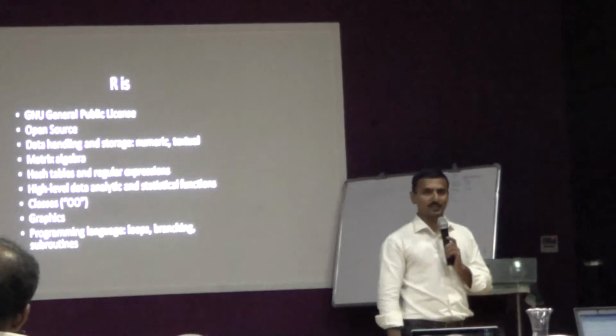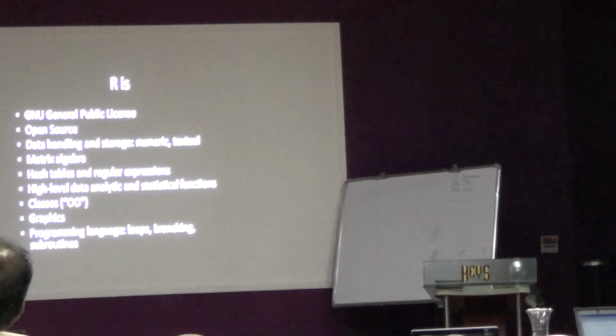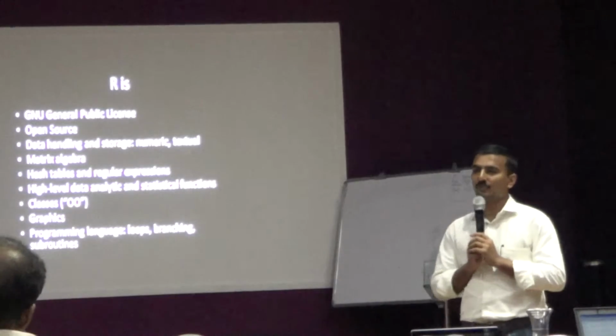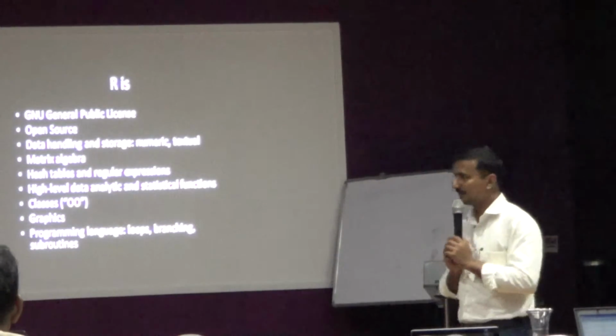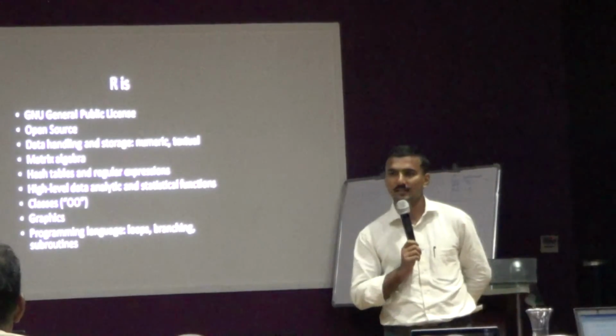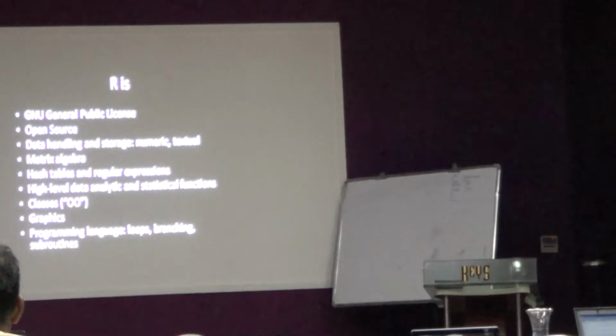And this is a GNU General Public License language, and it's an open source language, and it has a capability for data analysis and processing, and it uses matrix algebra, and hash tables and regular expressions are the power of R in using text or strings.